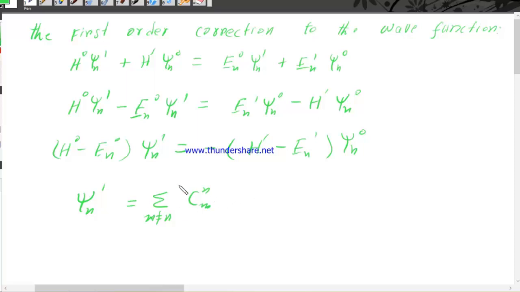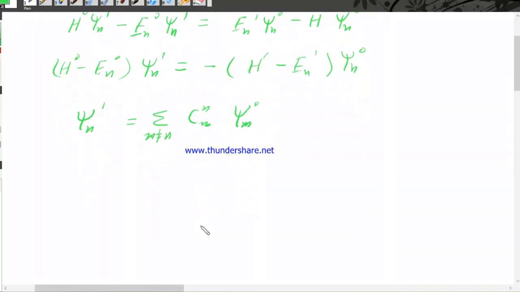This is the linear combination of the ψn0. The ψn1 forms a complete set, a linear combination of the ψm0. Here m is not equal to n because this is the non-degenerate case. That's why we cannot include this term.